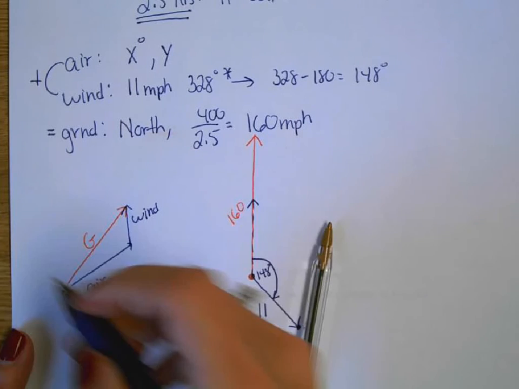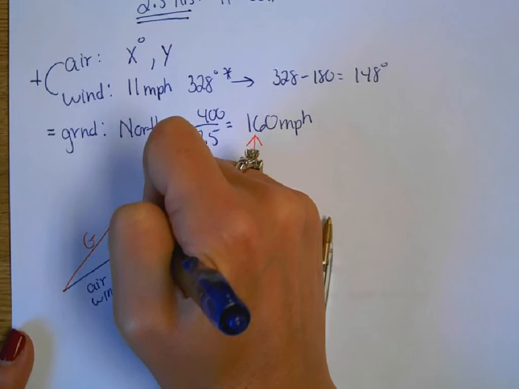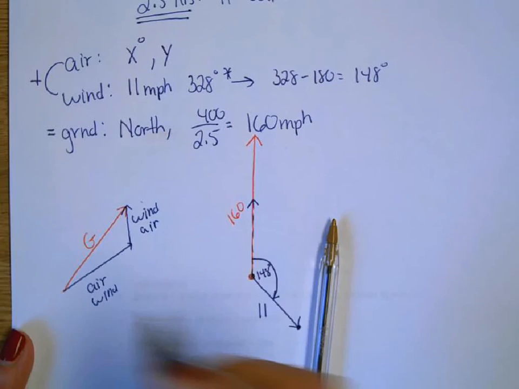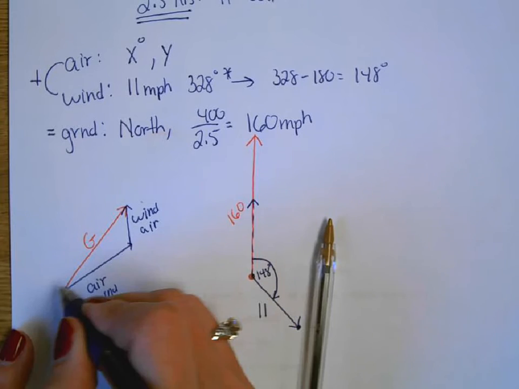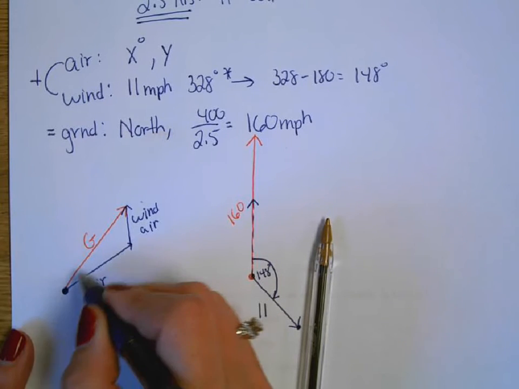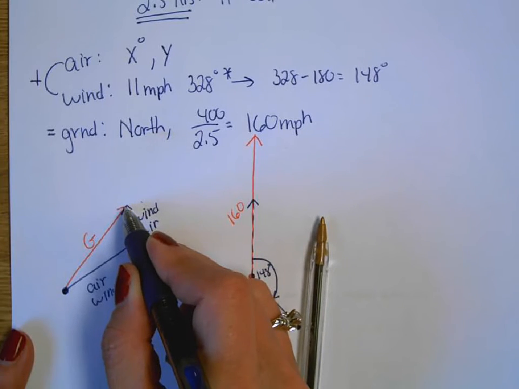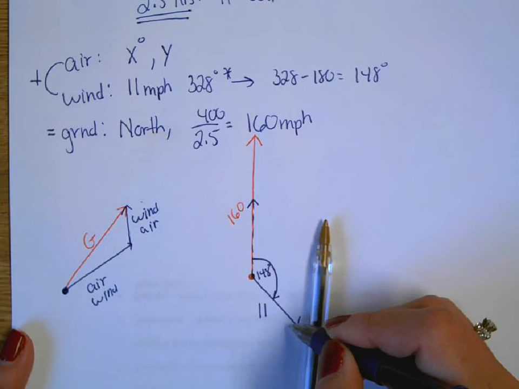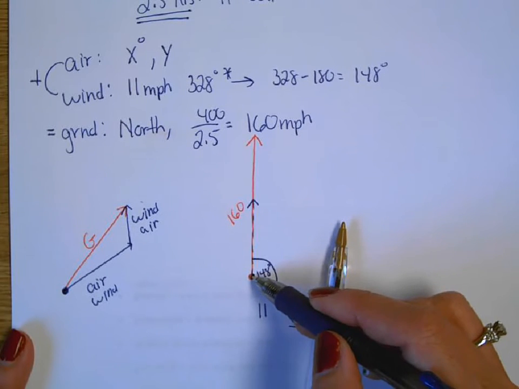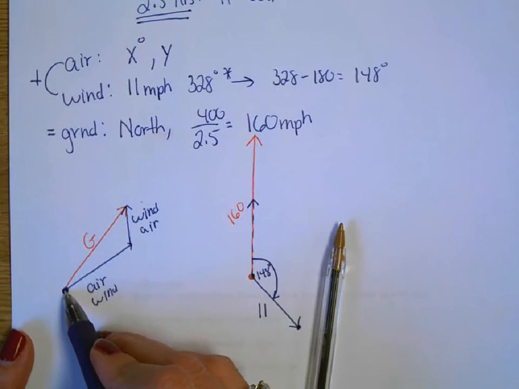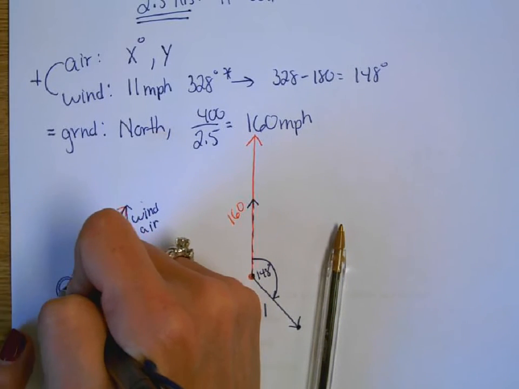So even if this was wind and this was air, whatever vector I draw first, either airspeed or wind, the ground speed is attached to its tail, because the ground speed is whatever I start with to wherever the second one ends. So I started with wind. I don't know where to draw the airspeed, but I know the ground speed is attached to the tail of the first vector, always. So first vector and ground speed are always tail to tail.